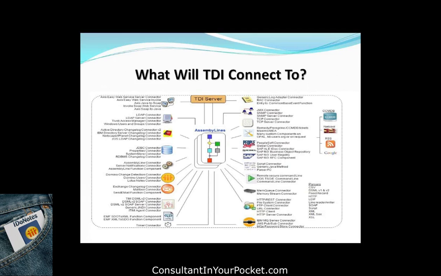Connectors are predefined widgets, for lack of a better term, that you can pull in that are already set up for you in TDI to say, I want to connect to a file system, I want to connect to a Notes database, I want to connect to an LDAP directory. Any of these types of connectors are already out there, so all you have to do is select it from a list, go through the configuration process that's already set up there in a wizard fashion, and you've got your connector built. You don't have to do a lot of coding from ground zero to get that in place.